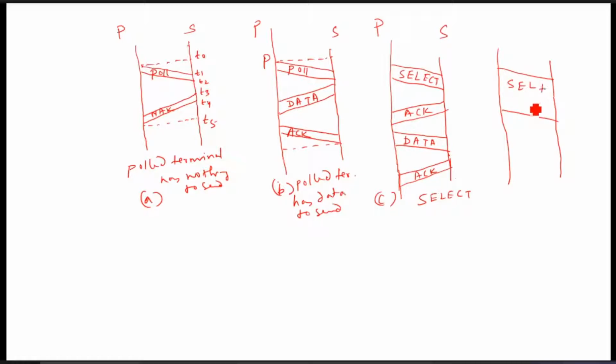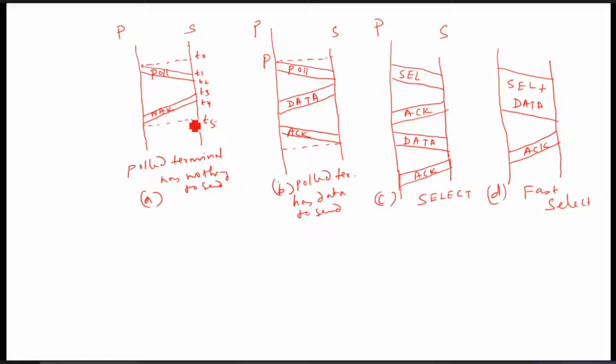Select plus data, and acknowledgement, ACK. Right, that is the case D, that is fast select. So one by one see it here.